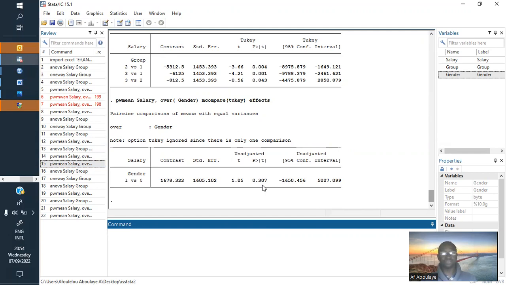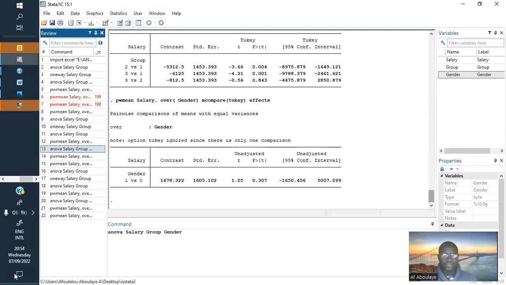We are accepting H note, which is saying that the mean of group 1, which is male here, and the mean of group 2 are the same. That is, we fail to reject H note because it's not significant.